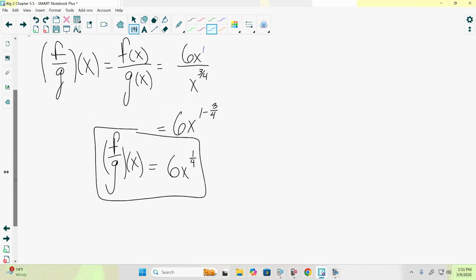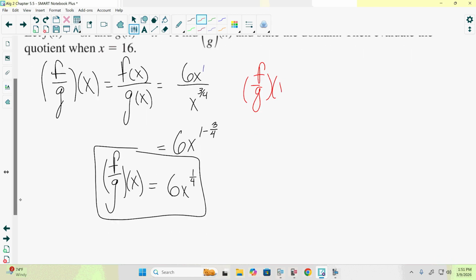Because they gave it to us in a form that we can actually divide, we're going to simplify this nicely and do it. The other radicals, we could have done this, but we'd have to change that square root into a fractional exponent and then subtract. So here, make sure I get the right number, 16.